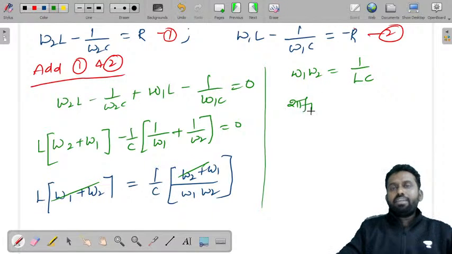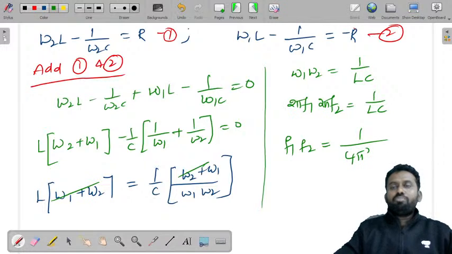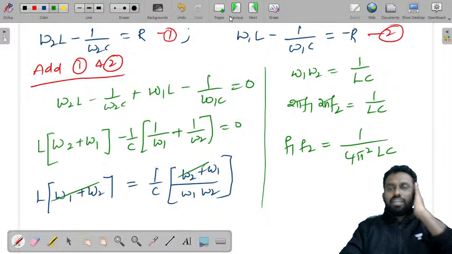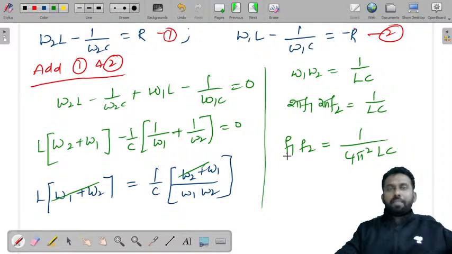You can write 2 pi f1 into 2 pi f2 is equal to 1 by LC. So f1 f2 is equal to 1 by 4 pi square LC. Now you know that 4 pi square LC is actually what?